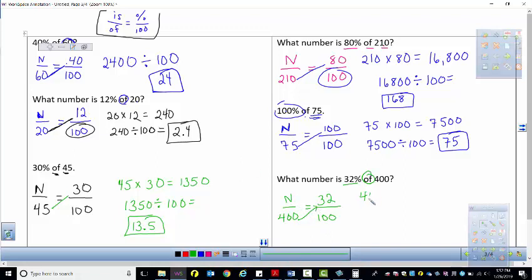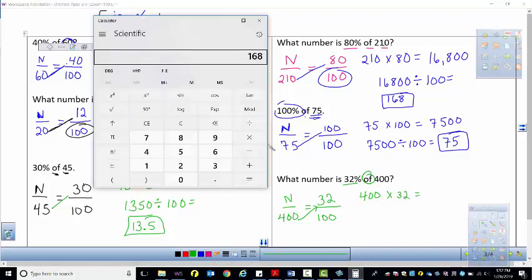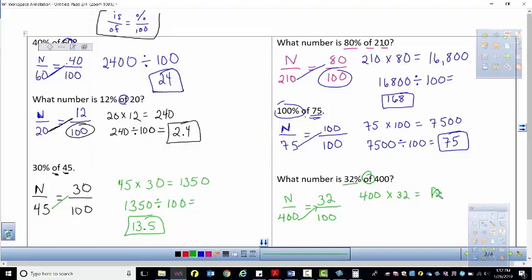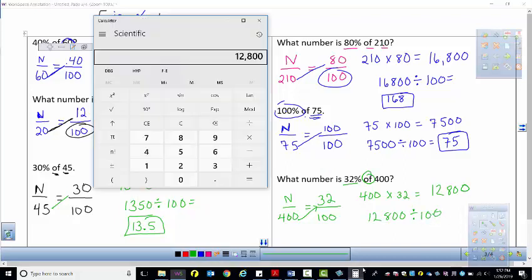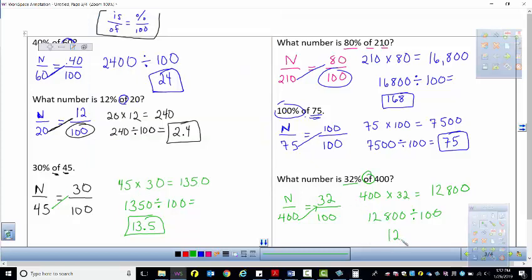So I'm going to take 400 times 32. So 400 times 32 gives me 12,800. And I take 12,800 and I divide it by 100. My answer is 128.